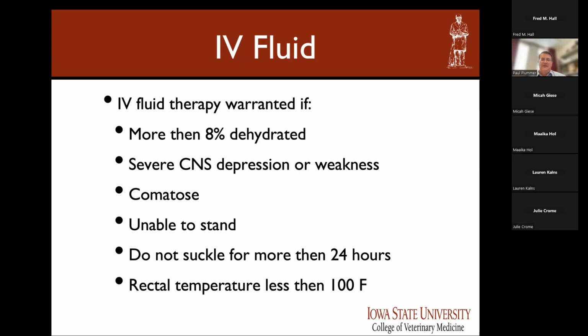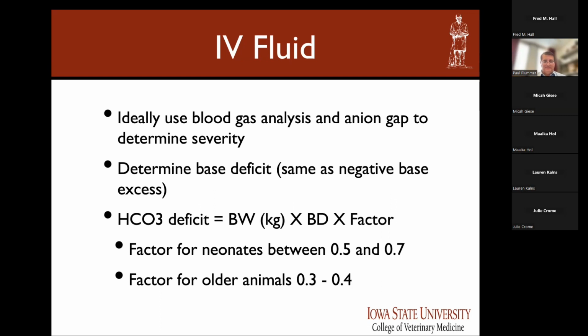So if we have these kids that have lost their ability to have a normal body temperature, that's generally not a very good prognosis, but we need to be thinking about a more aggressive IV fluid therapy plan than we would be on the ones that are normal temperature and able to stand.